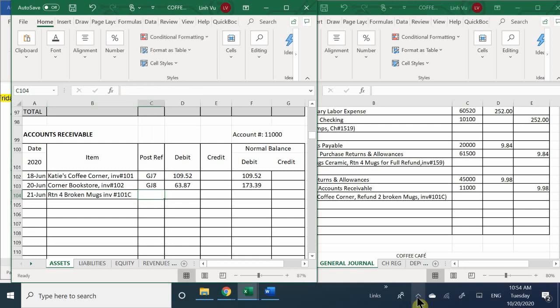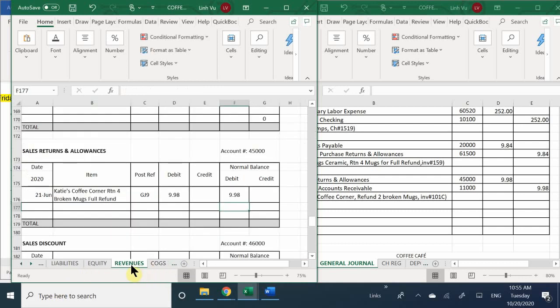So 621. Oh, is it 2? I've been writing 4 the whole time. All right, let me fix my returns on my revenues here because I also wrote 4.